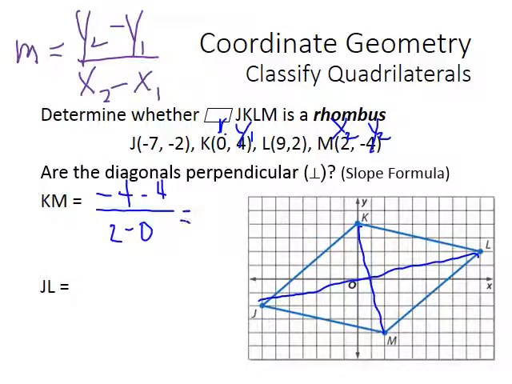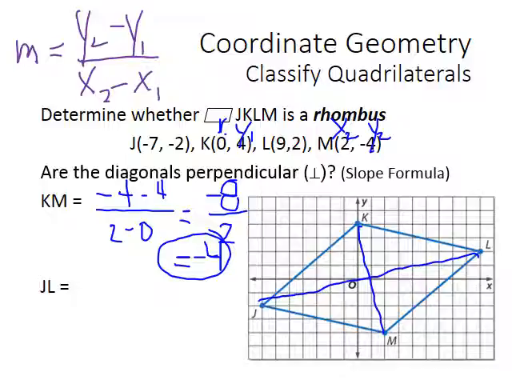All right, and simplify. -4 minus 4 is going to be -8 over 2 minus 0, which is 2. And -8 over 2, of course, we can reduce to -4. So there's the slope of KM.